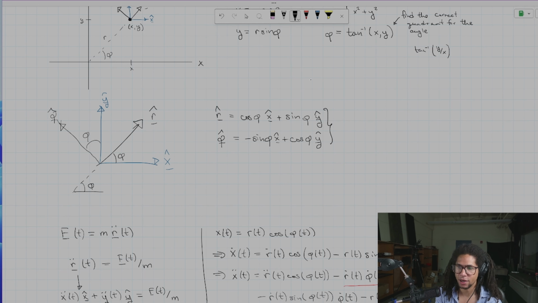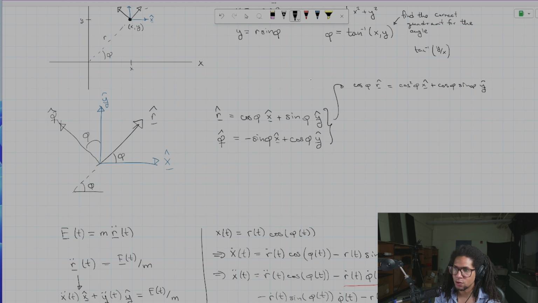Okay, so for the first equation, where we want to get x hat, we're going to note that cosine phi times r hat is equal to cos squared phi x hat plus cos phi sine phi y hat.